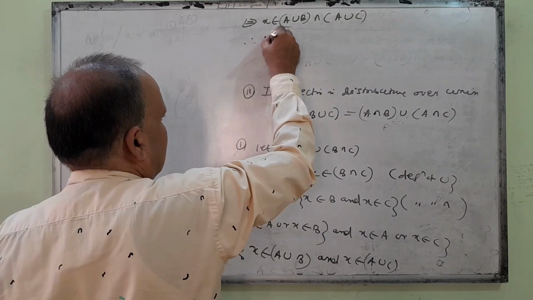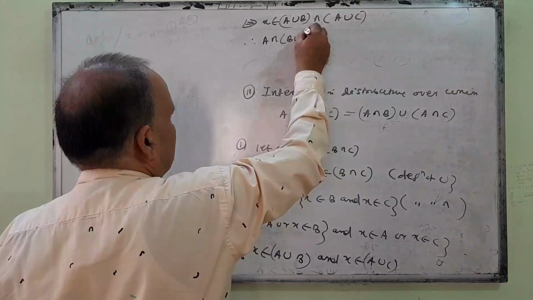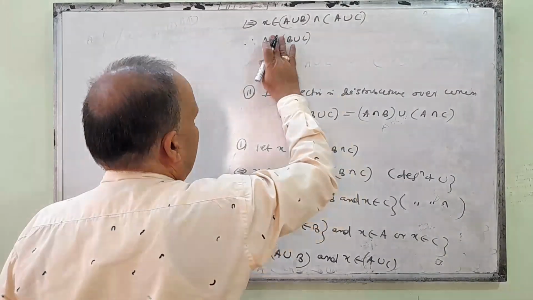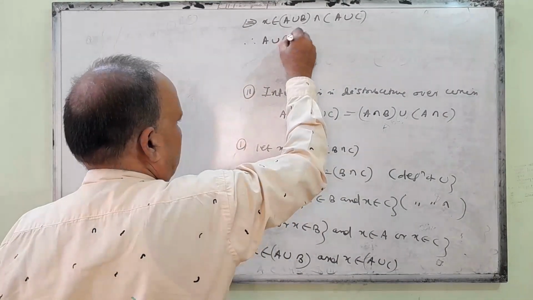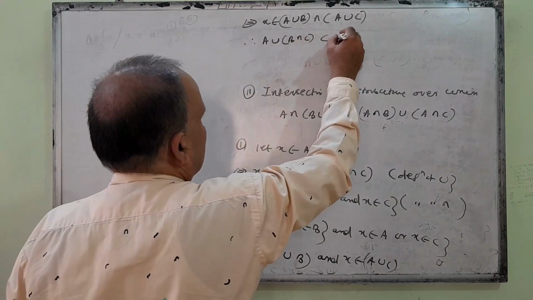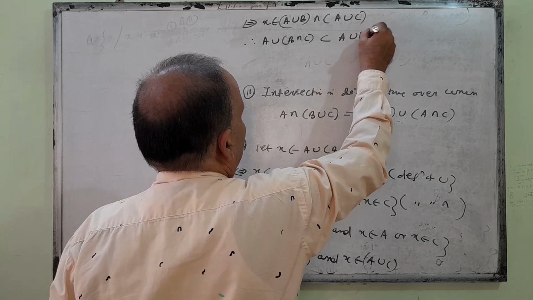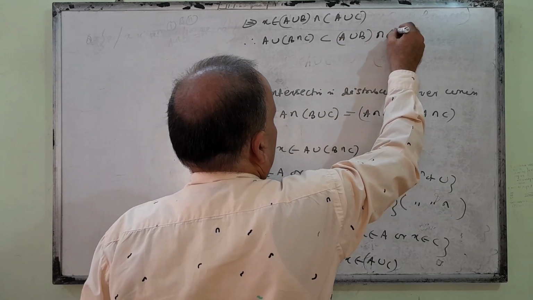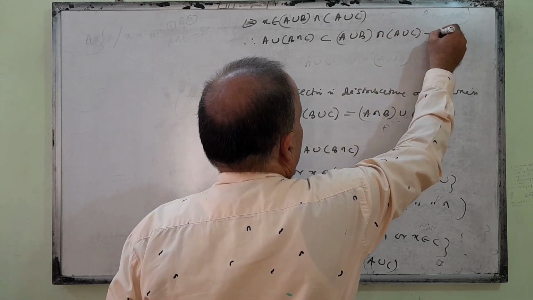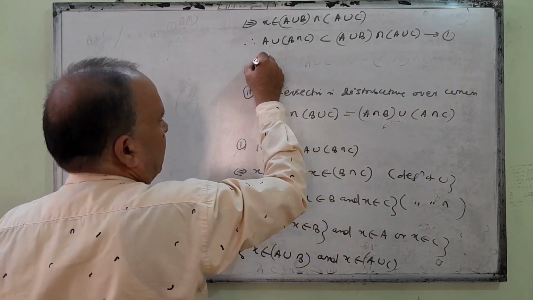So A union (B intersection C) is a subset of (A union B) intersection (A union C). This is your first part.